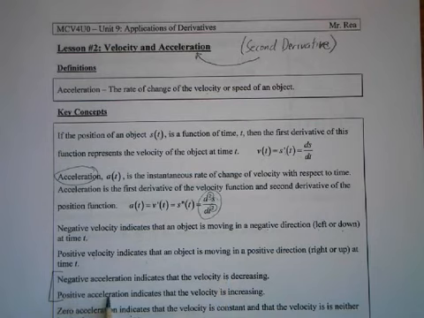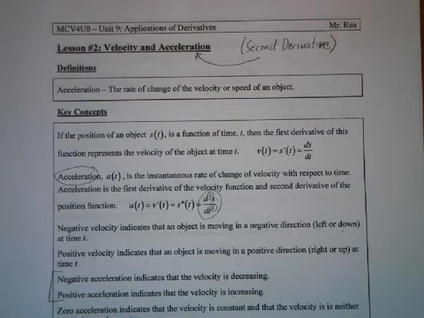Positive acceleration is like when you floor it, when you press the accelerator, and it means your velocity is increasing. Zero acceleration would be keeping the speed limit, 100 kilometers per hour on the 401. Your foot's on the gas, but it's just maintaining that same speed. Okay, so that's acceleration and how it relates to velocity, and then we just talked about zero acceleration.